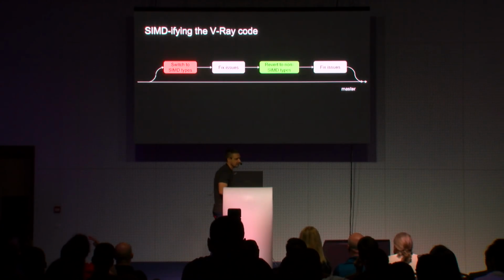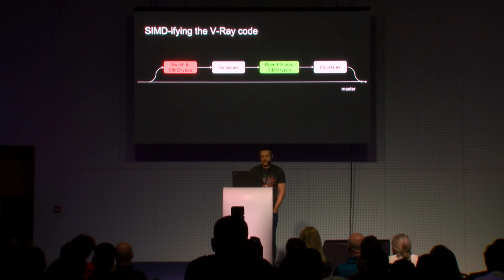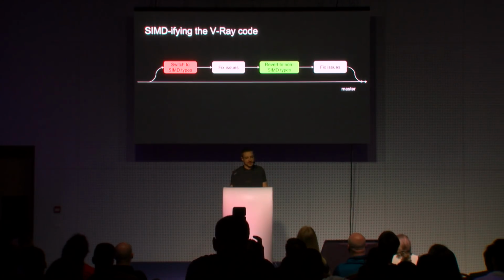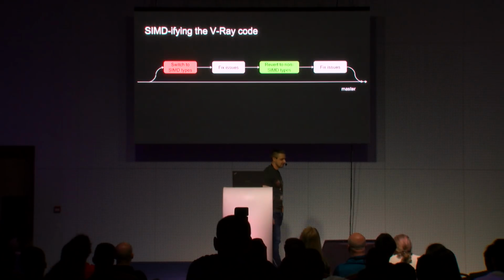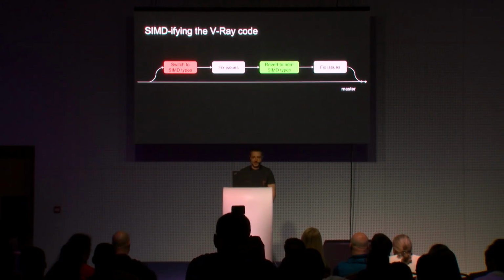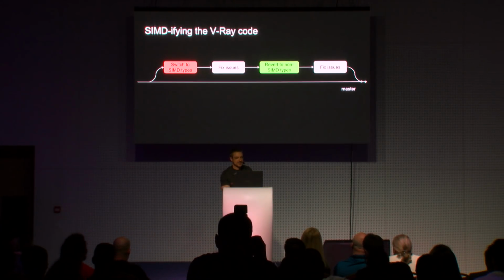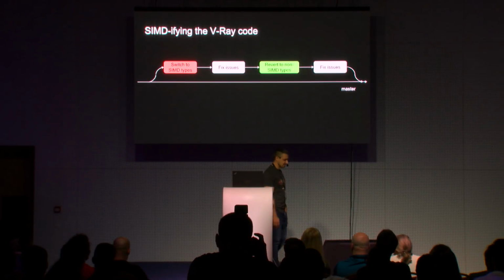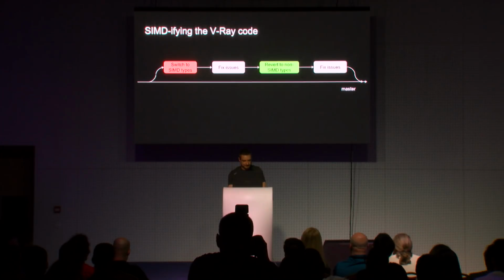And my workflow would be like this: create a new branch in Git, switch everything I was working on to SIMD types, try to compile, fix a little bit of issues, for example, in a few CPP files or in one single module of VRay, like a plugin or a texture, then revert back to non-SIMD types, make sure that things still continue to compile, and then merge these changes into the master branch.